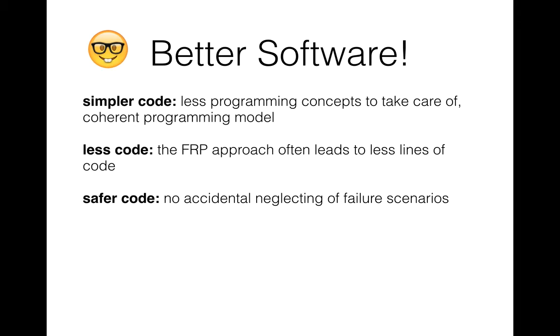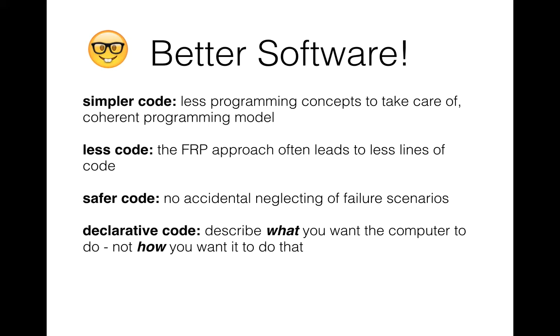This is very easy to neglect when we're using MVC, but when we're using an FRP library, this is just not possible. The library, the compiler, are there to help us, and they will enforce that we don't neglect these scenarios, but rather take care of them explicitly, and that's what makes the code safer overall.